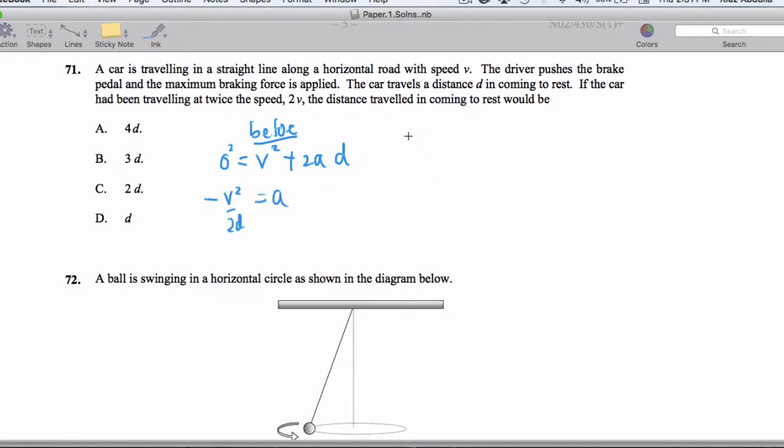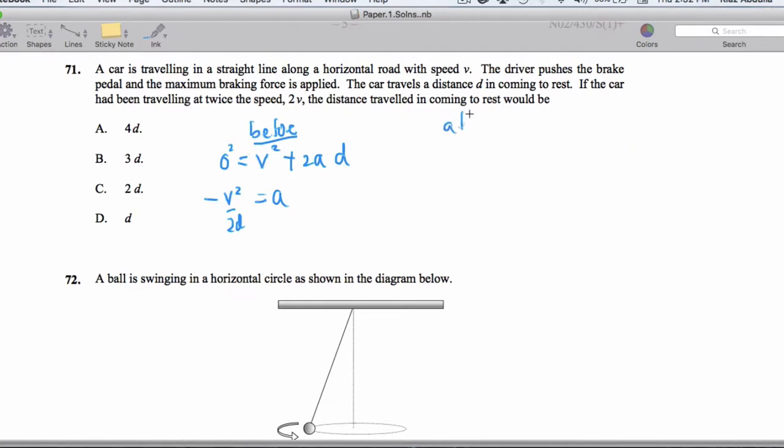Now we want to figure out what's happening if we're traveling at twice the speed. So let's do a little bit of math. After: 0 squared equals the initial speed squared, twice the speed, so (2v) squared, plus 2 times a times the new distance that we're solving for. Let's be really clear on this.